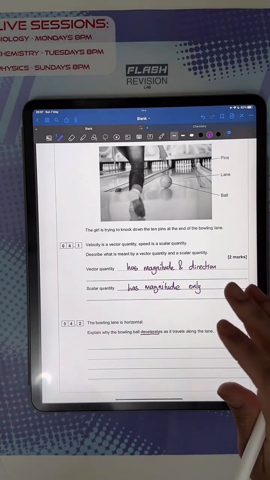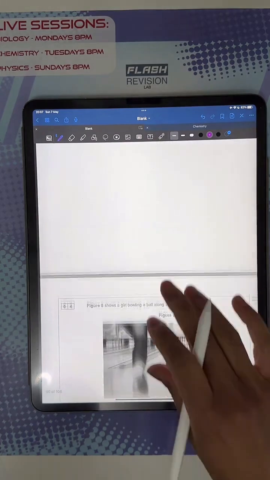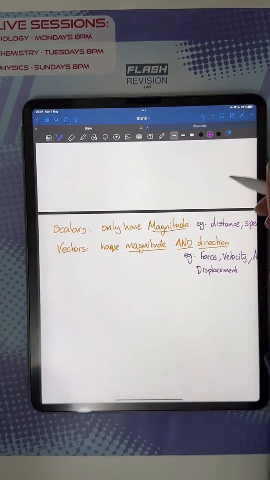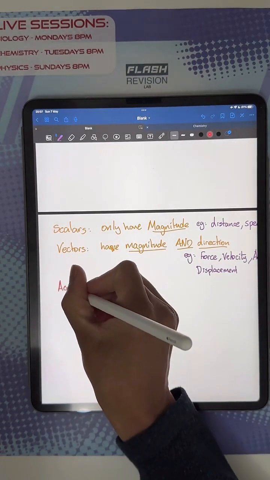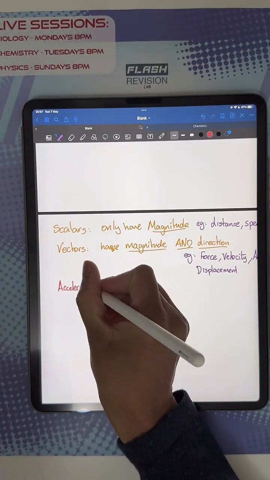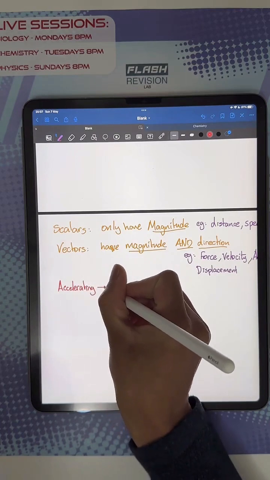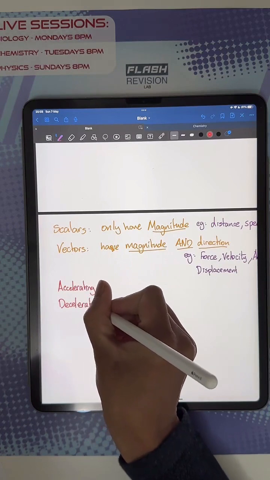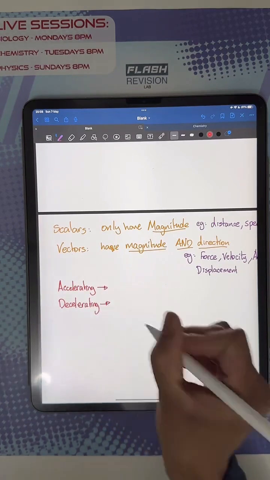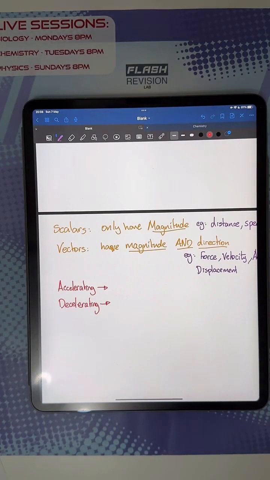Deceleration. What does deceleration mean? If something decelerates, what does that mean? So it's the opposite of acceleration. So if something's accelerating, what does that mean? And if something's decelerating, what does that mean? This is for combined and for triple. Yeah, slowing down.